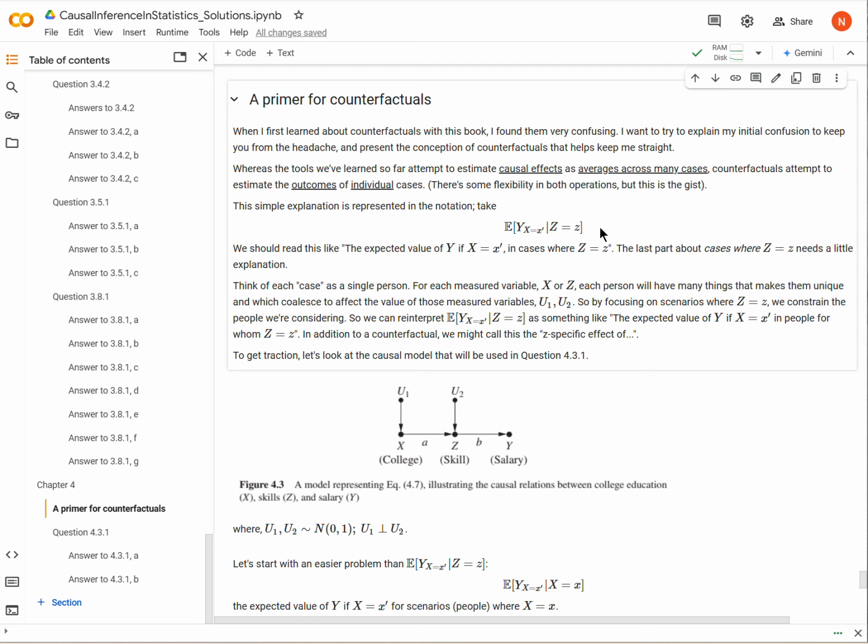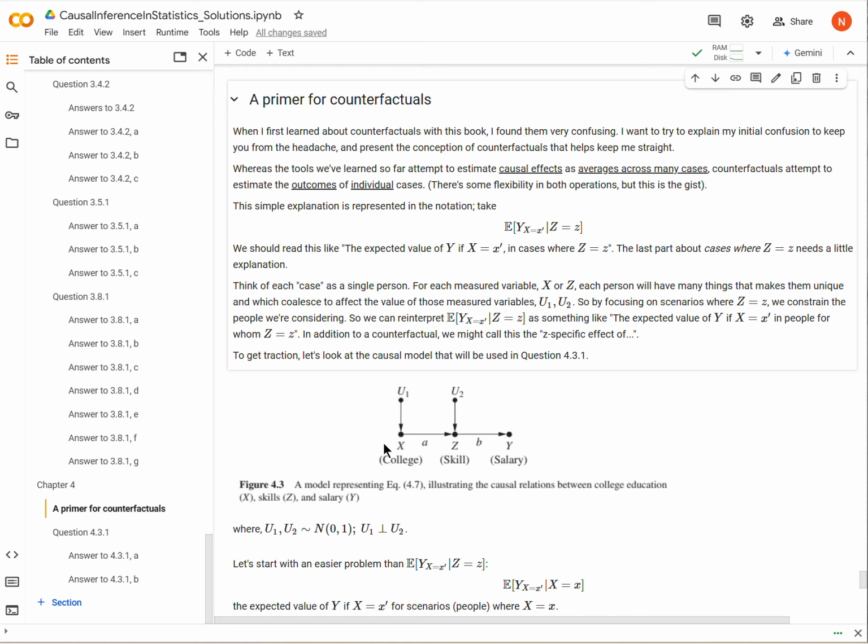This notation says, what is the expected value of y if I set x equal to x prime in cases where z equals z? So I need to say a little bit about this idea of cases where z equals z. If we think about each of these cases as being a single person, just as a way to imagine this, okay?